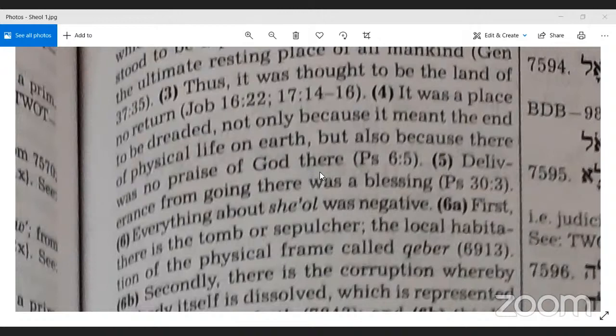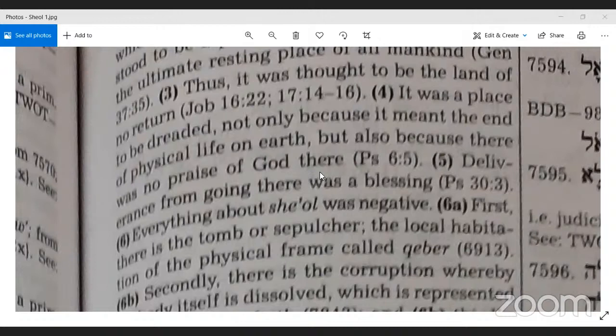I don't know, Jediah, what do you think? There was no praise of the Most High there. It was a place to be dreaded. So why would they dread it? One is because it meant the end of physical life on earth. And two, there was no praise of the Most High there.